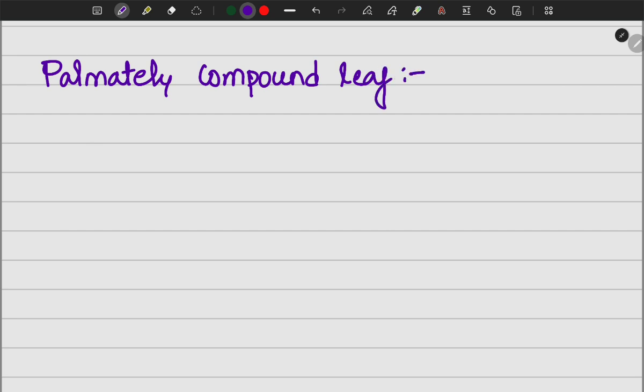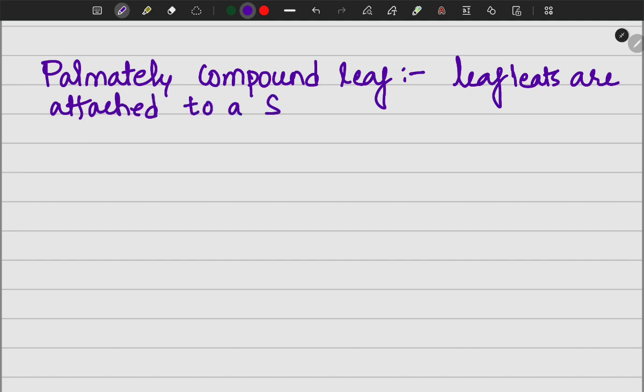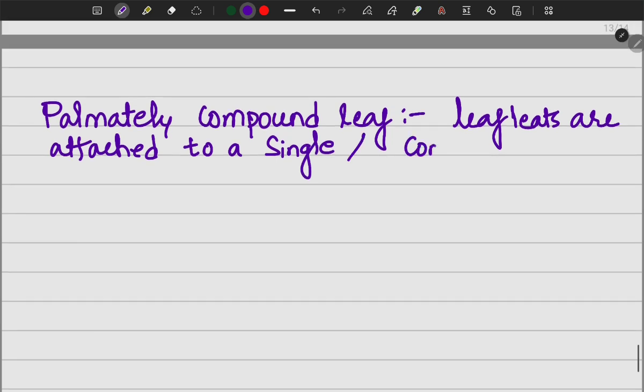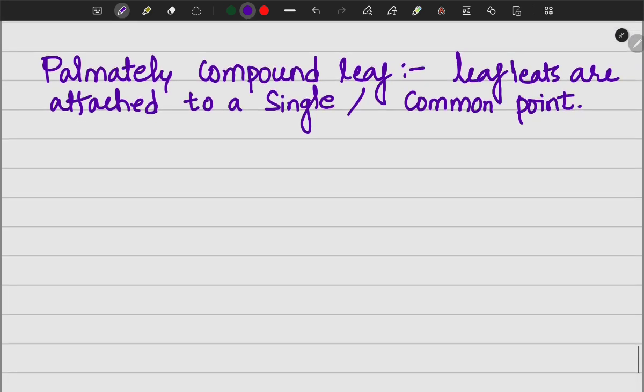In a palmately compound leaf, the lamina would be cut, because we are studying the compound leaf, and a compound leaf is that leaf whose lamina is cut and touches the midrib, right. So when the leaflets are attached to a single or a common point, then that kind of leaf will be called a palmately compound leaf.